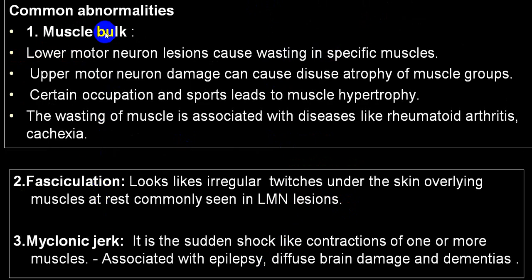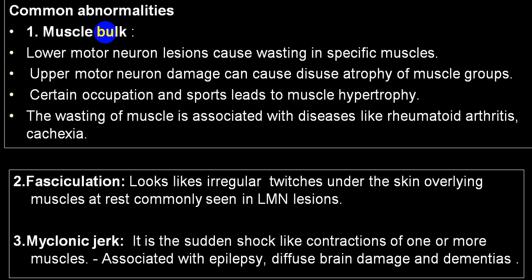Muscle bulk is always compared with the opposite side. In lower motor neuron, there will be rapid wasting, so you will see the atrophy of the muscle early, in the involved muscle. So whichever muscle is involved, that will undergo atrophy very fast, so that muscle bulk will be reduced.